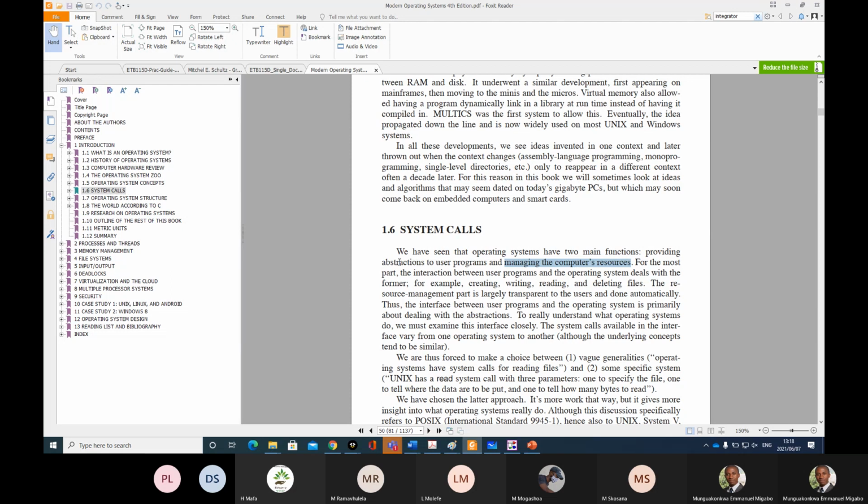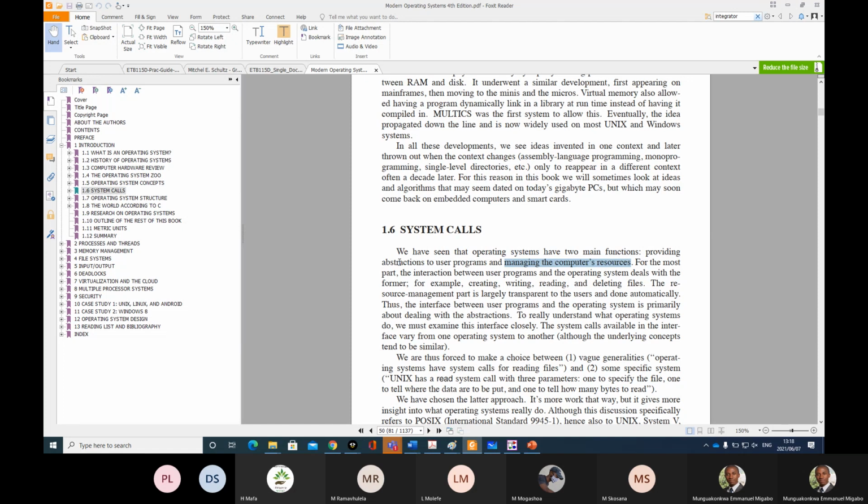So I have to now define the system call here. System calls have to do with the call that someone makes at the user interface program level for resources through the operating system. So a reading from memory call, a writing to memory call, a printing call. All the calls that you make at the application layer to interact with the resources, meaning memory, etc., through the operating system form what we call system calls.